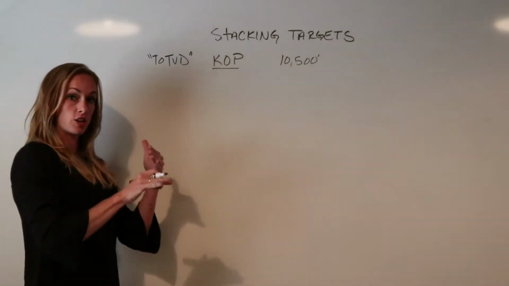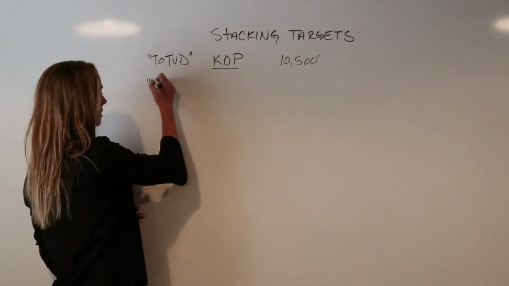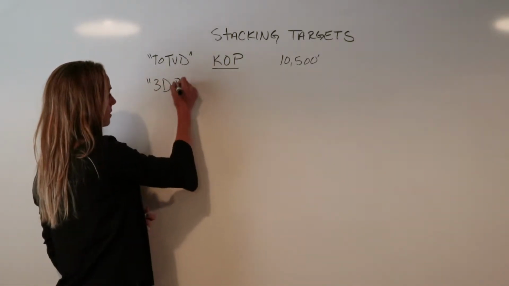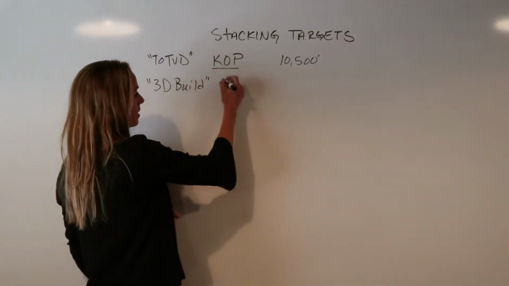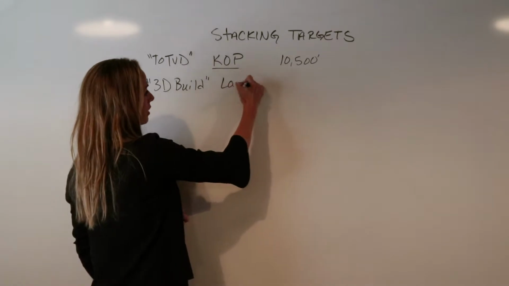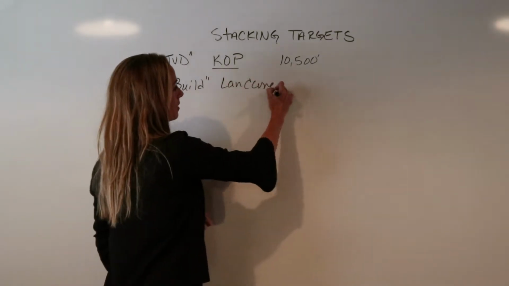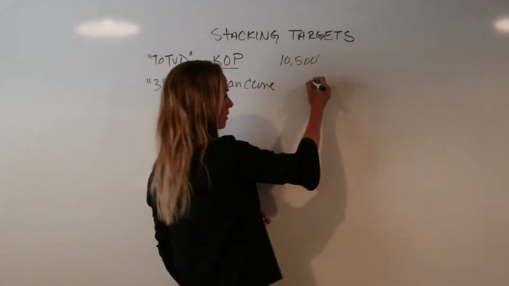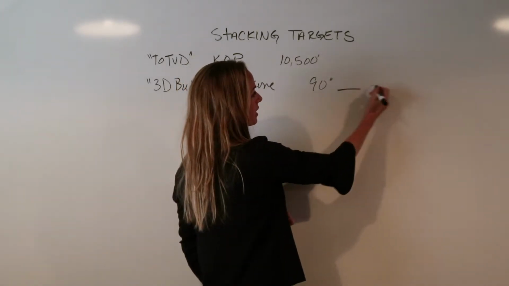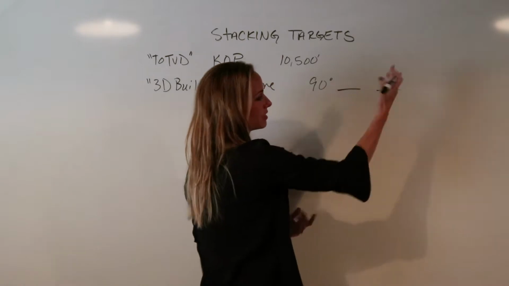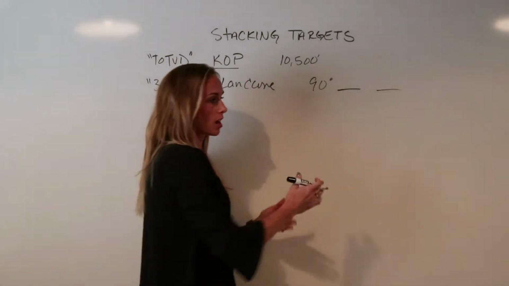Then you add another target. You do a 3D build. That would be land curve. And you would enter sort of your 90, your inc, and the TVD at which you would want to land your curve.